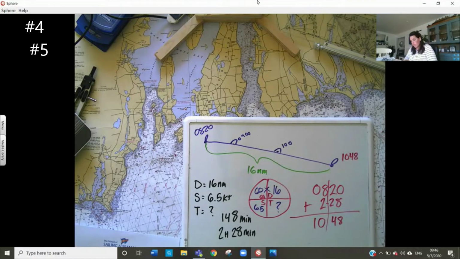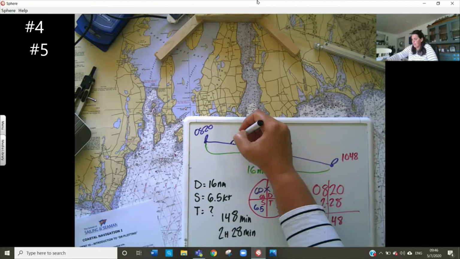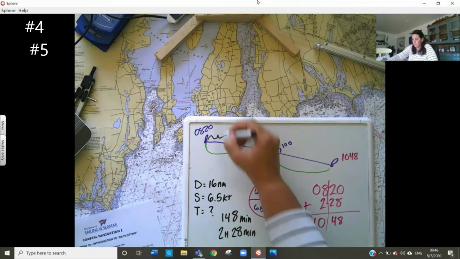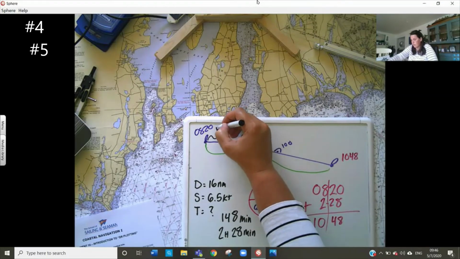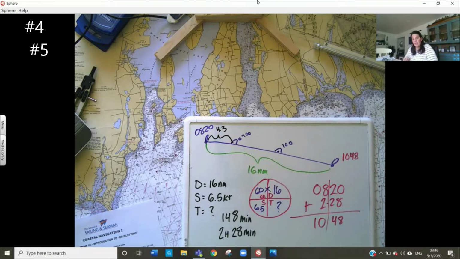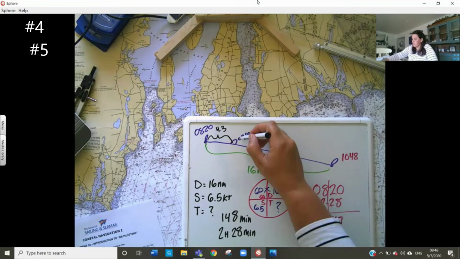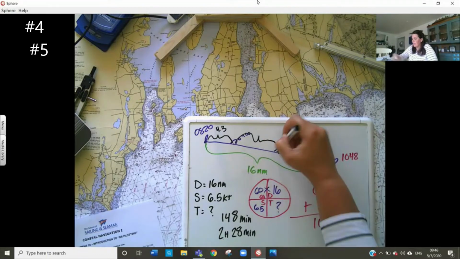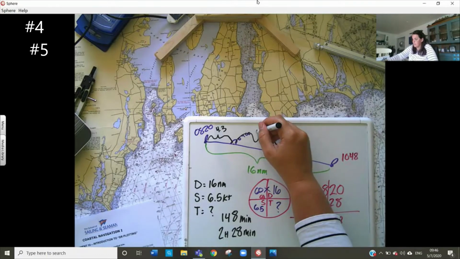And then it also asks us for the next part of the question, which is what we already did. What was the distance that you've traveled to 0900? We had calculated that to 4.3. And then asked us what was the distance to 1000, and that was 6.5.